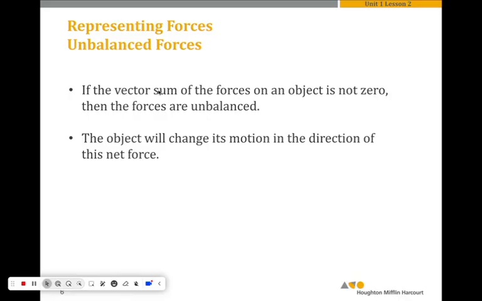If the vector sum of the forces on an object is not 0, then the forces are unbalanced. The object will change its motion in the direction of this net force.